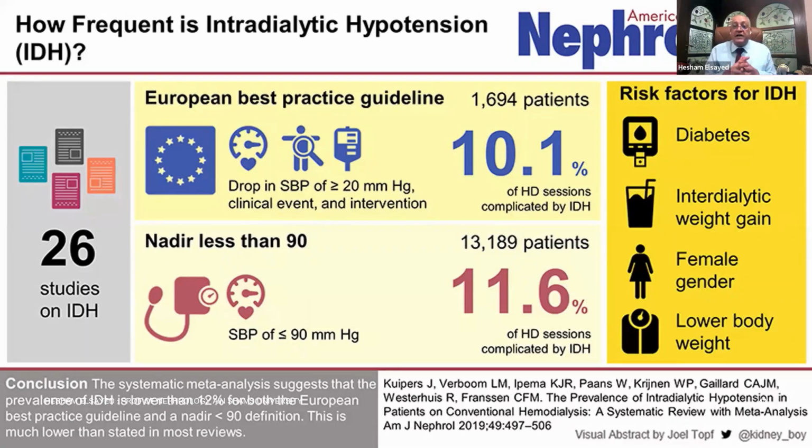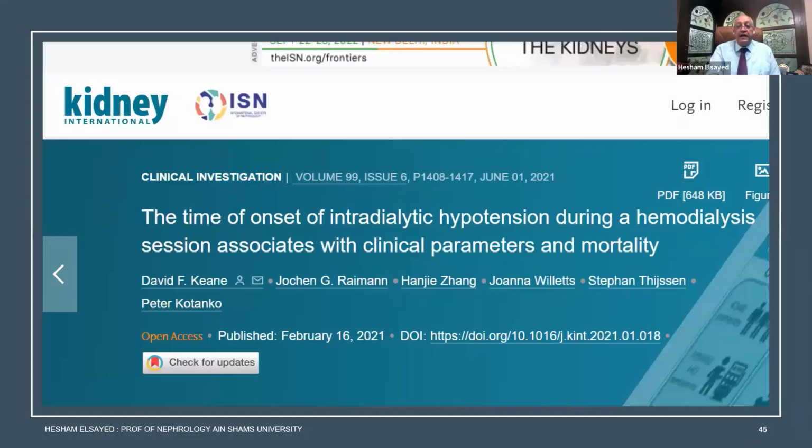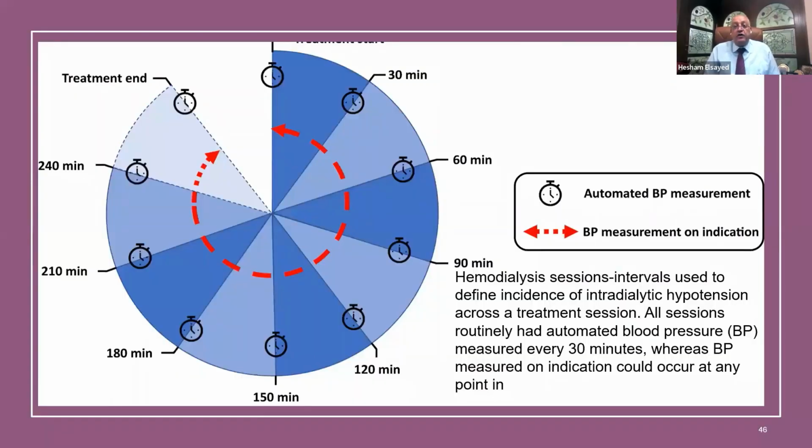The risk factors, including diabetes, weight gain, female sex, and lower and higher body mass index, increase intradialytic hypotension. Again, the timing is important. Here, automated blood pressure measurements were used during the hemodialysis interval, defined nearly every 15 minutes, so you can find how much intradialytic hypotension the patient experiences from the start till the end of the session.